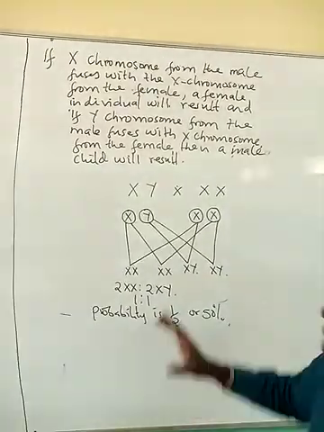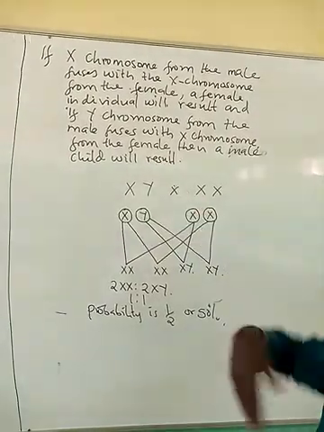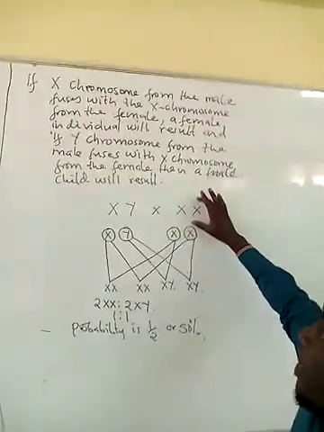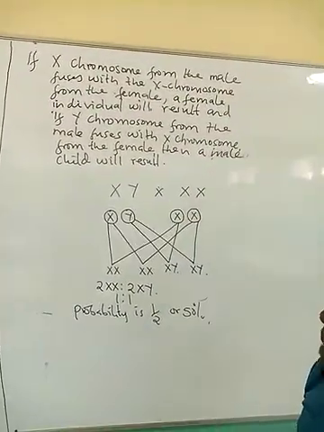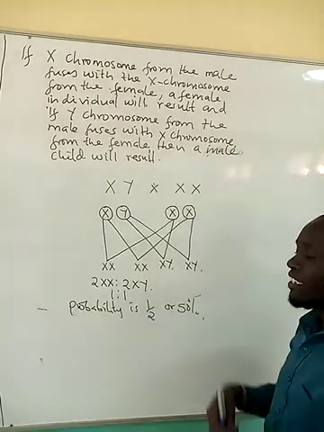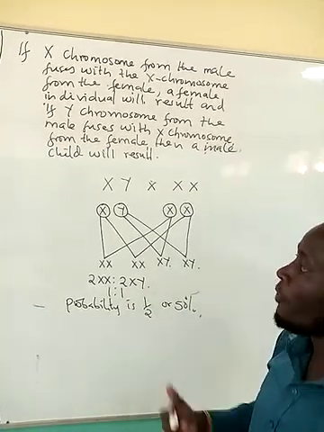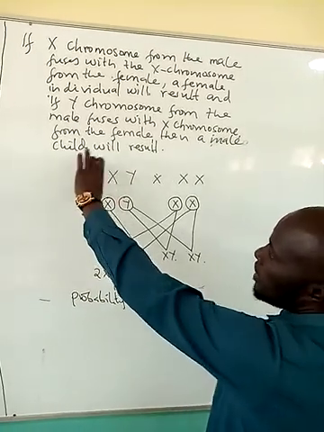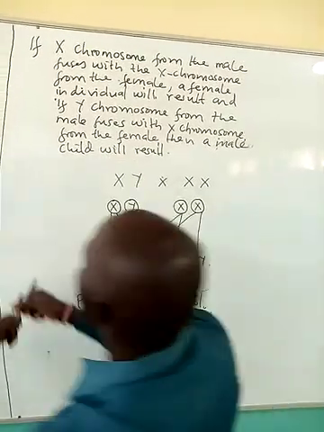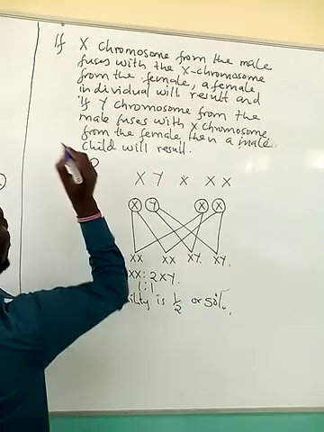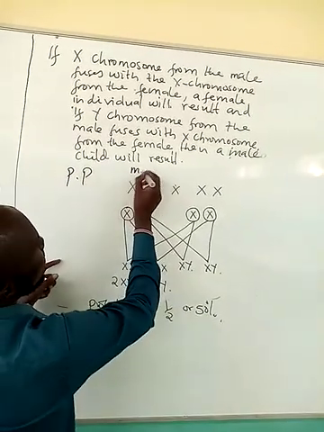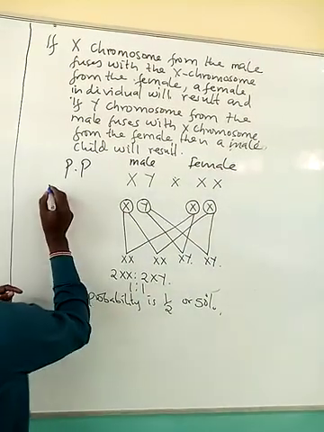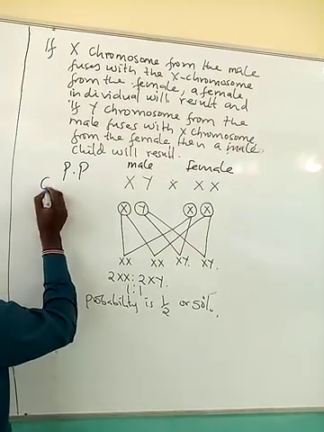Let us now look at this. If you are given, during fertilization, a male and a female individual who are married, for example, you are asked the probability of the child that they are going to give birth to. Let us look at this. When we are talking about parental phenotypes, they will be male and female.